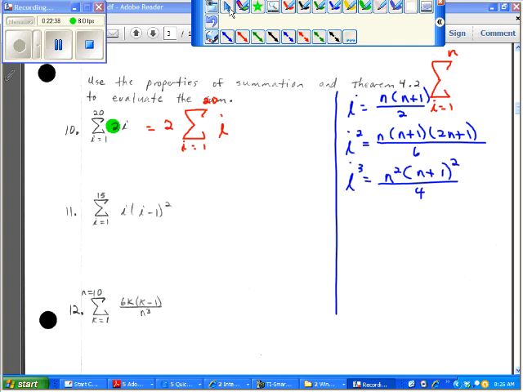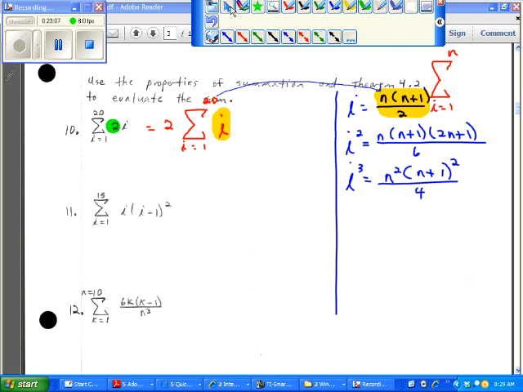Now we know that the i expands into this. And the value of n is 20, okay? Because that's my upper bound, okay?